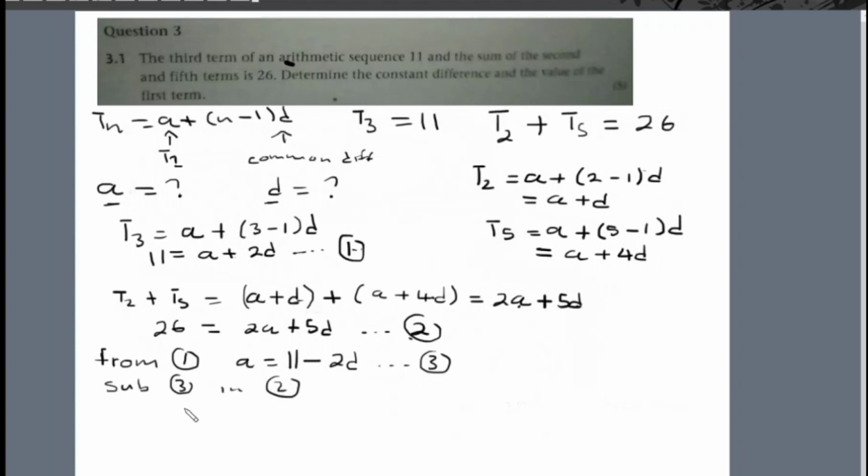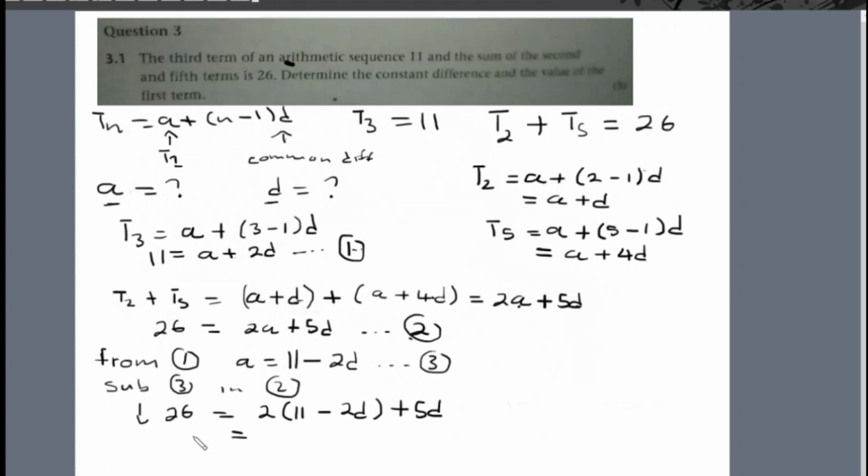So wherever we see a in our equation 2, we'll put 11 minus 2d. So equation 2 is 26 is equal to 2a, where we see a, we put 11 minus 2d plus 5d, right?